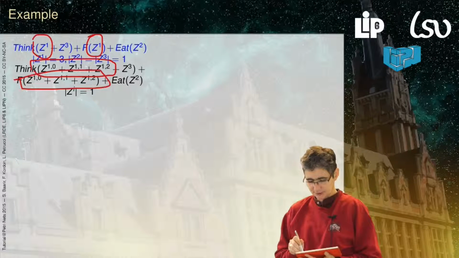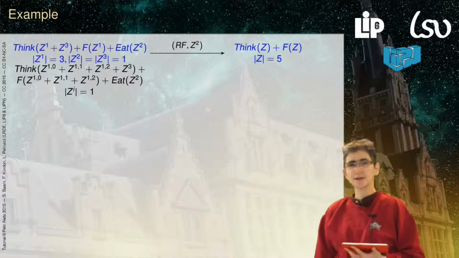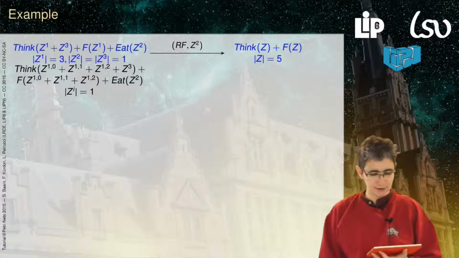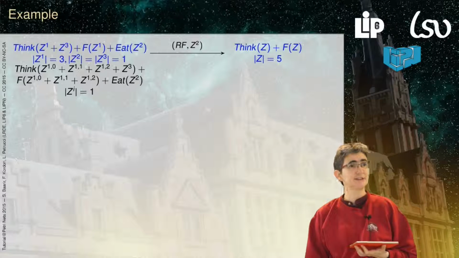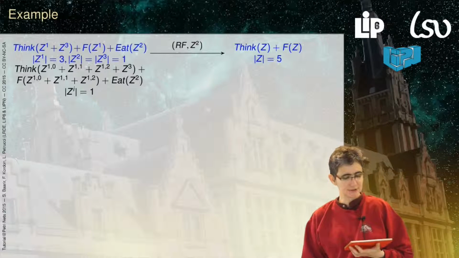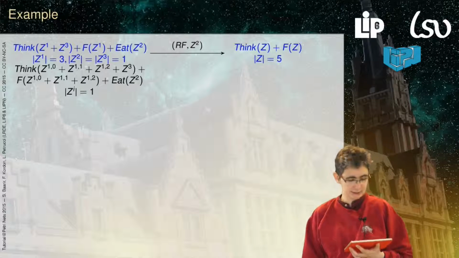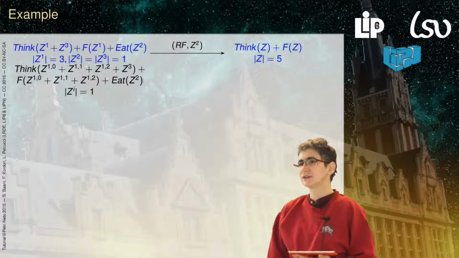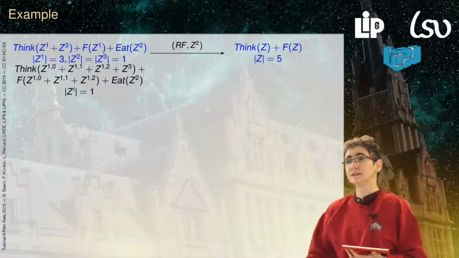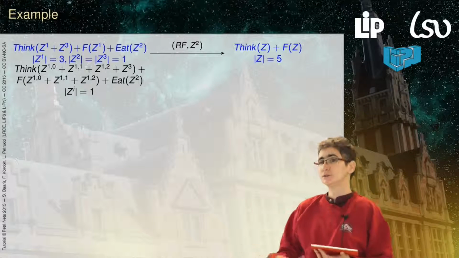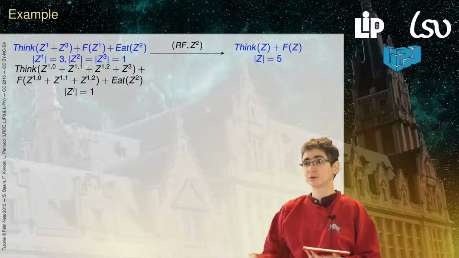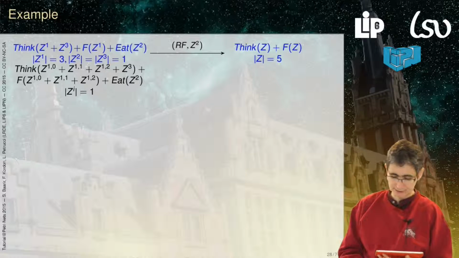Then from this, we can have a philosopher that releases its forks, and the philosopher that can release its forks is the philosopher that is eating, so the one in Z2. The resulting marking is: the philosopher releases its forks, goes back to the thinking place, and the 2 forks are put back in the available forks place.